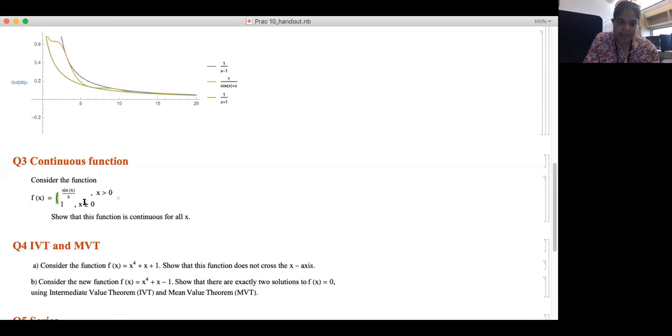If x is, oh, I think I made a mistake, negative, less than or equal to.